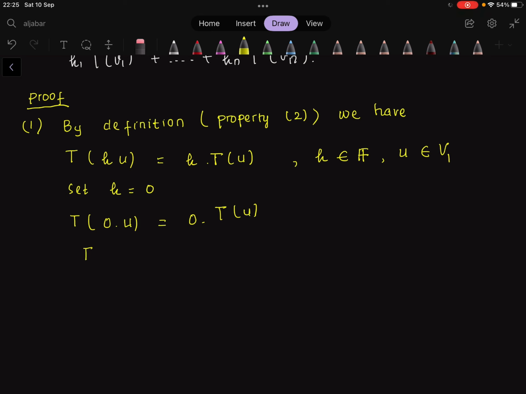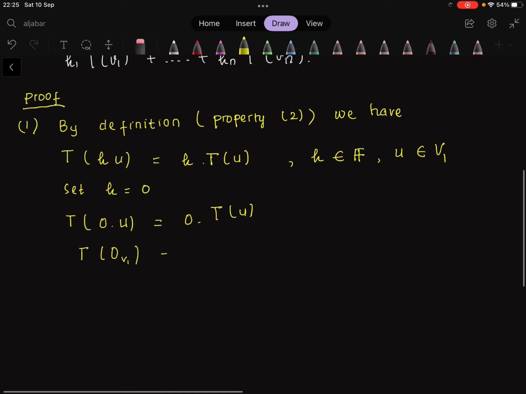So here we have T(0), where 0 is in V1, and this is equal to 0 in V2. So number one is proven.